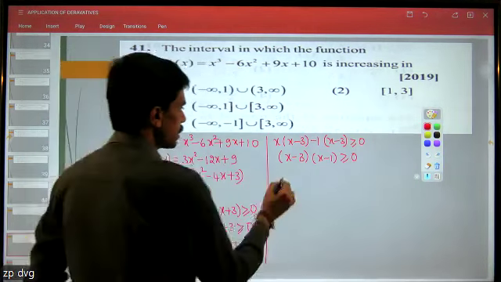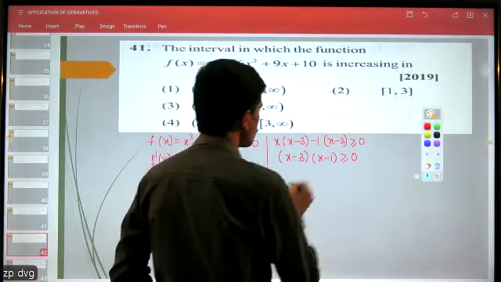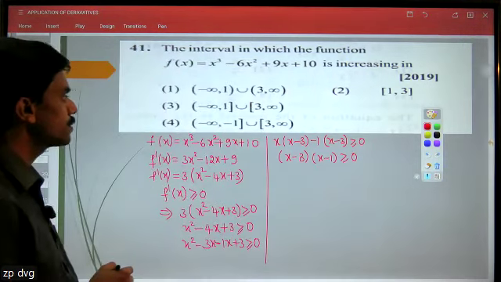The function is of the form x minus a into x minus b greater than or equal to 0.